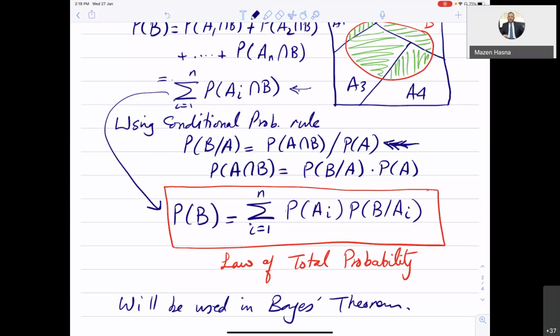So we just used that definition to rewrite the intersection of A and B as probability of B given A times probability of A, and then I substituted this back in the summation to get the total probability rule. So I did not do anything new today.